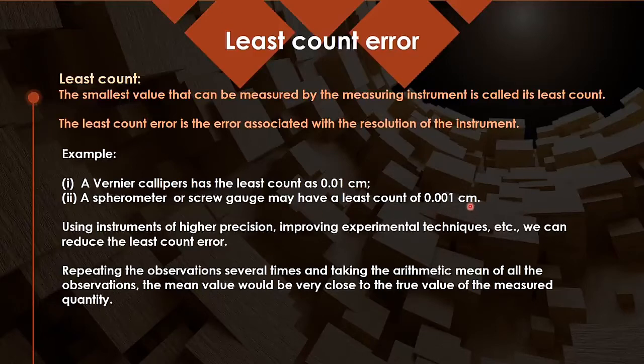If you use a device of higher precision, you reduce the least count error. Like with a normal scale the error is 0.1 centimeter, but with vernier calipers the error is 0.01 centimeter. So you have reduced the error simply by changing your technique or device. Of course, least count error can be systematic also.